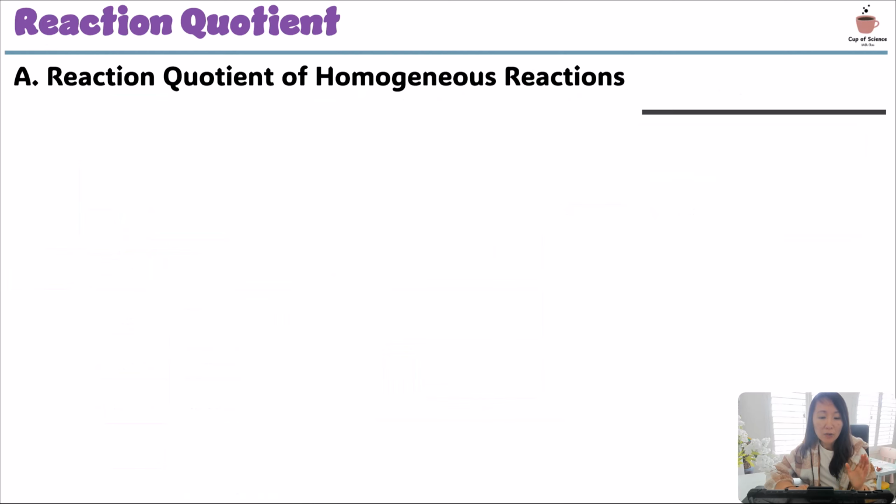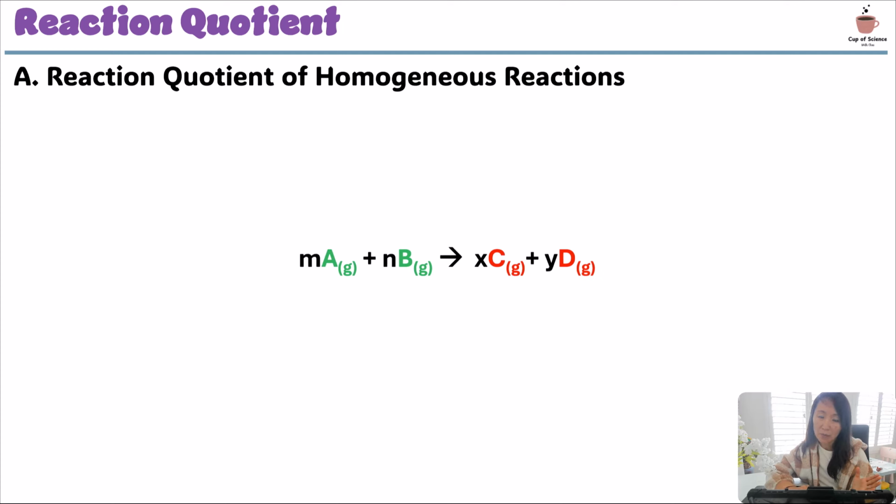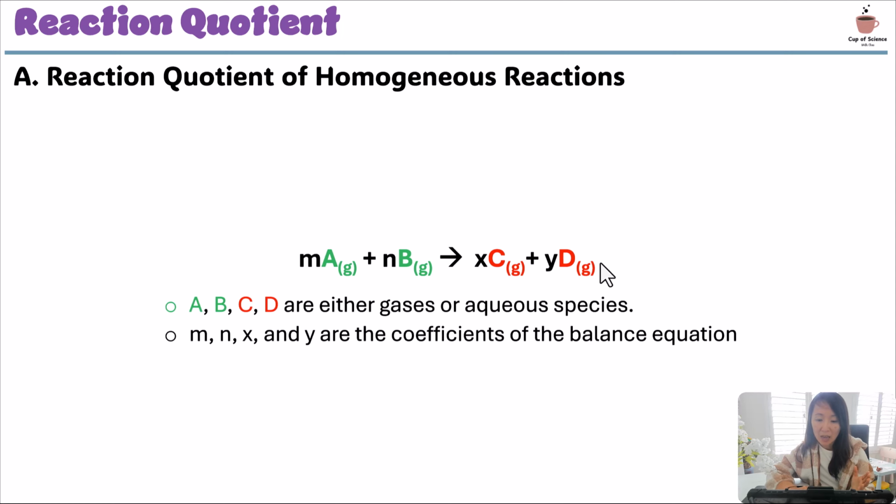A reaction quotient of a homogeneous reaction. What does all that mean? Well, say you have a reaction in which A and B, they're both gases, forming into C and D, and they're both gases. Now, these m, n, x, and y are the coefficients, meaning the values in front of a balanced equation.